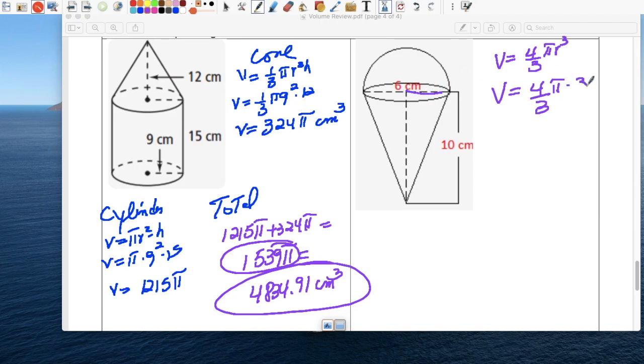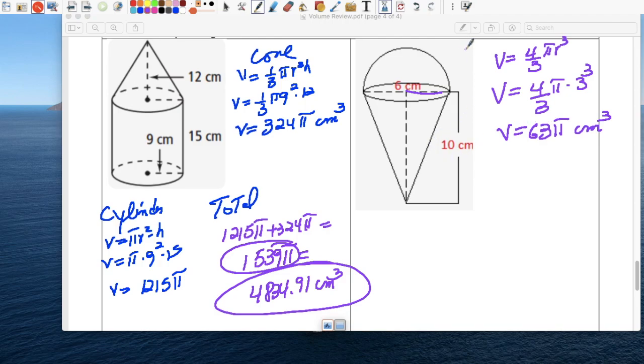So 3 cubed. Volume equals 4/3, and then 27 times 4 divided by 3, we're going to get 36 pi. So let's leave it in terms of pi for now.